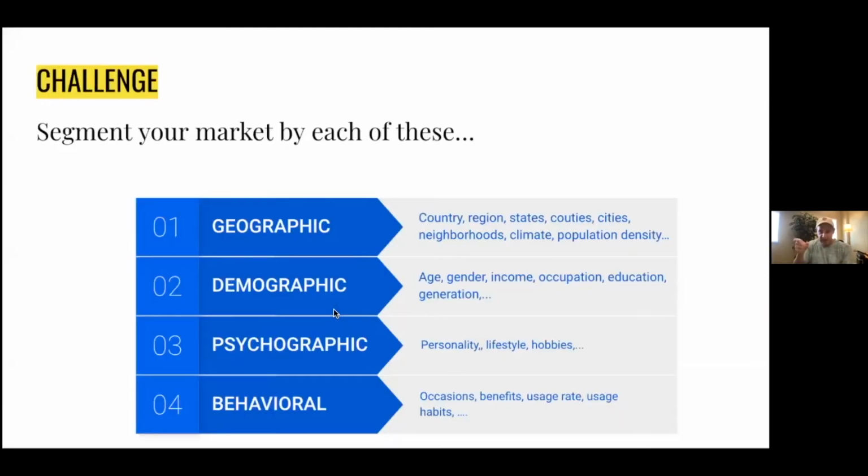So I'm going to give you a challenge. Take each of these sections and try to break your market into them and try to be creative, like we were talking about: hobbies, lifestyles, usage rate, occasions, etc. Try to be creative, thinking about how this best fits your product, and see how narrow you can get on each of these segment types.